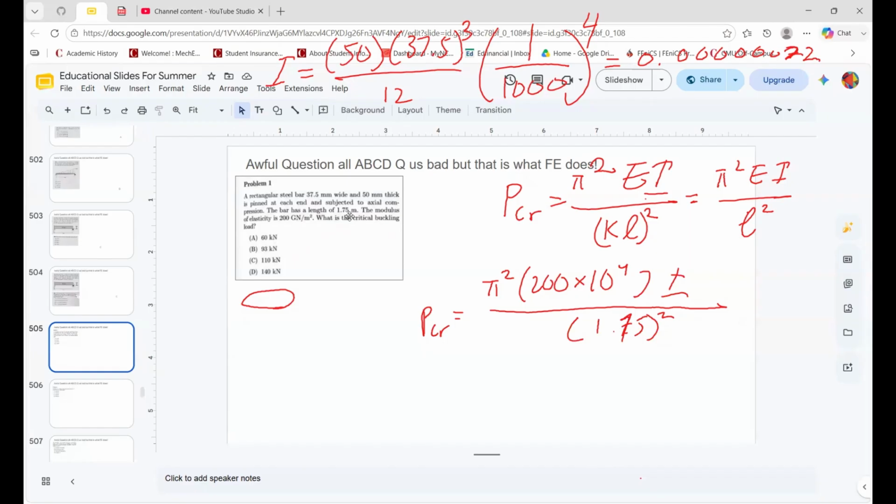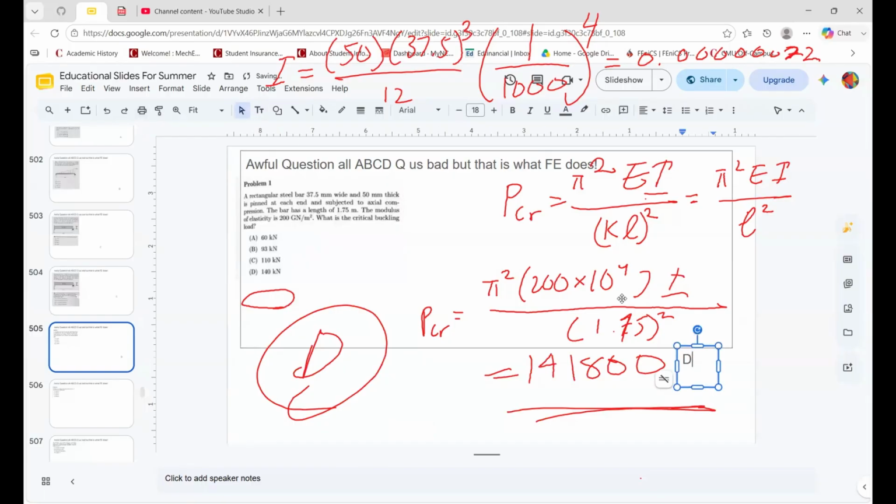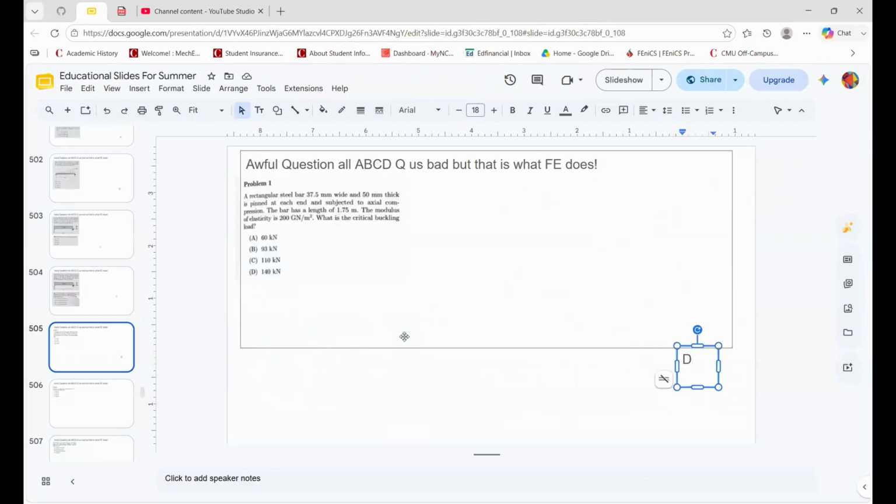And I get 141800, which I'm assuming is the right answer, which is D. And that's the first question of this buckling or column section, whatever this is called. First question done.